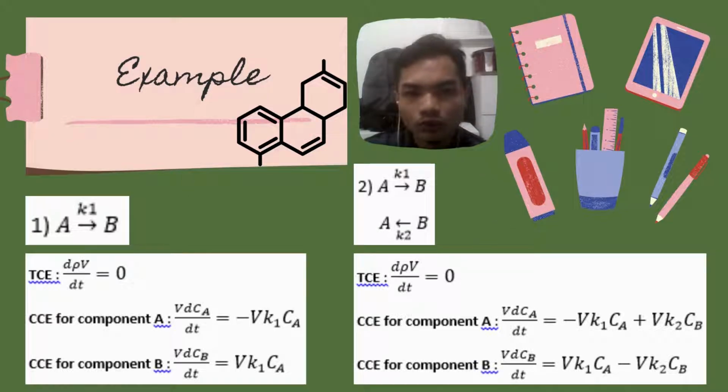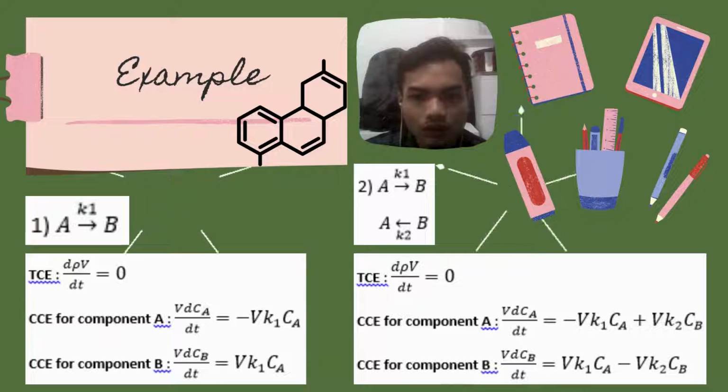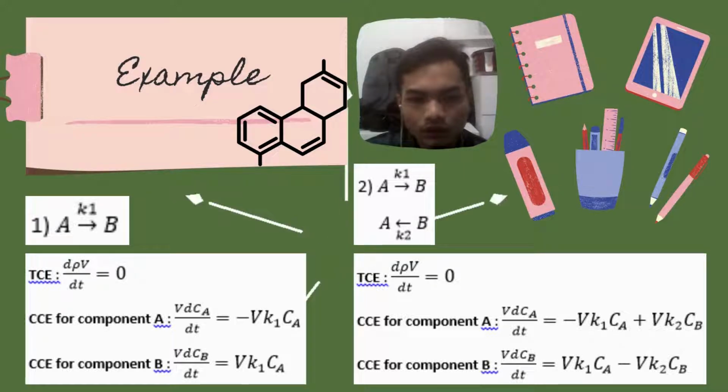So we go to the examples. For example 1, A produces B with reaction rate constant k1. For the TCE, we can conclude that flow in and flow out are none, so we have TCE equal to 0. For the CCE, we have only generation.